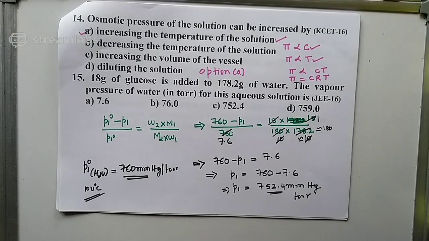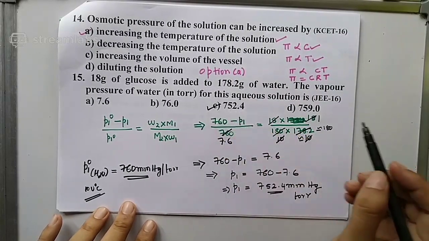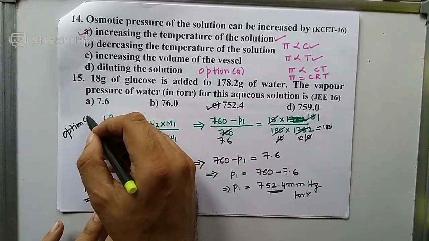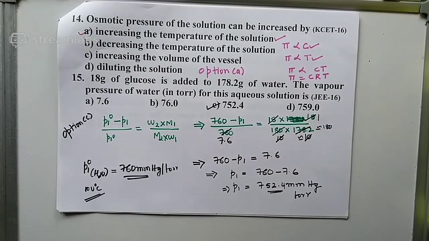So the answer for the given question should be 752.4. The answer is option C. So question number 15 has the answer as option C. Is it clear, students? We shall go for the next question. You can note it down.